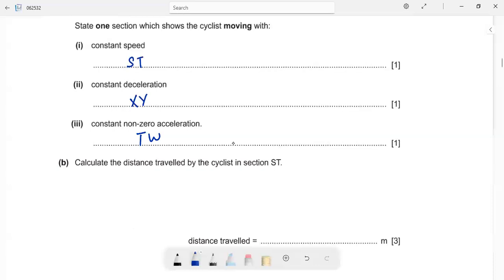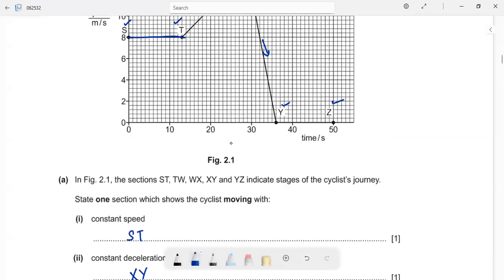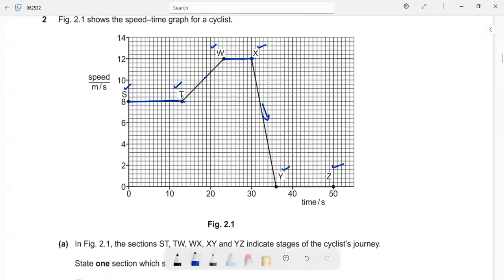Calculate the distance traveled by the cyclist in the section ST. So ST means from this point up to here. So we need to find the area under this graph. This is a rectangle, so length into breadth.